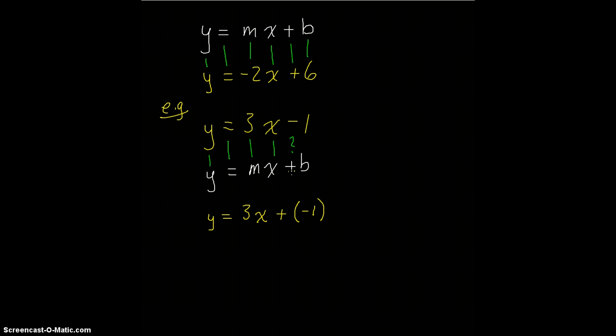So now the plus sign lines up, and b is, right, -1. So in this equation, my slope, m, is equal to 3, and my y-intercept, which is b, is equal to -1.